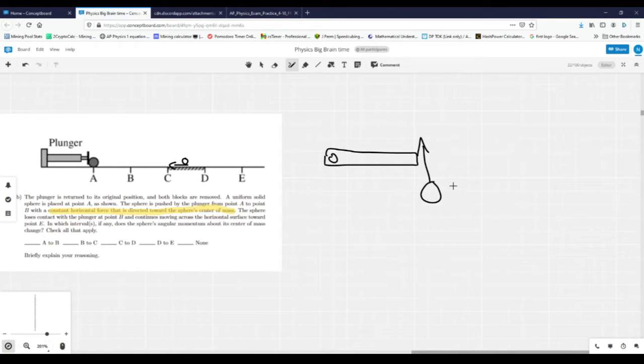So that's an example of when you can use MVR, because you can translate its linear momentum to rotational momentum as soon as it sticks here and starts rotating. The reason that works is because your point of rotation is over here, which is not at the same place as the center of mass of the ball. So R is non-zero. Anywhere over here, you could pick the center of the plunger, which makes no sense, or the center of the ball, in which case R would be 0 and MVR equals 0. So MVR doesn't work at any point in here.